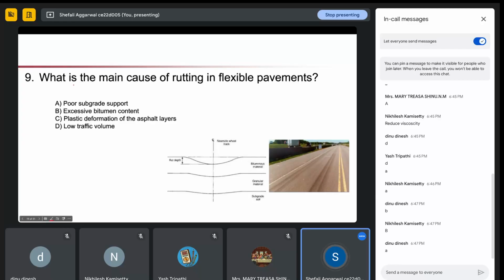Okay, so the next question is, what is the main cause of rutting in flexible pavement? Poor subgrade support, excessive bitumen content, plastic deformation of the asphalt layer, or low traffic volume.